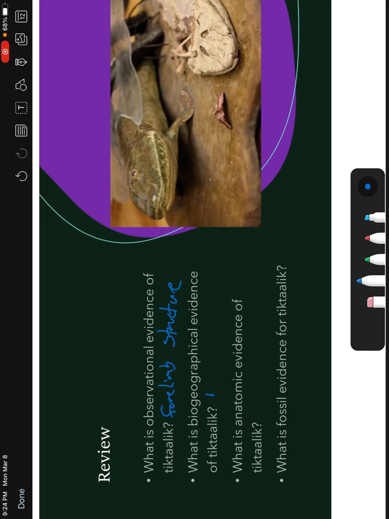Biogeographical evidence could be the movement from near the equator to the Canadian Arctic. And then anatomical evidence, again, would just be the forelimb structure.